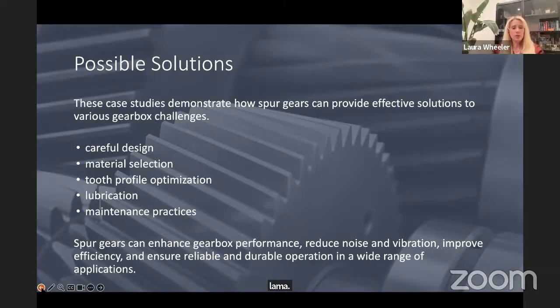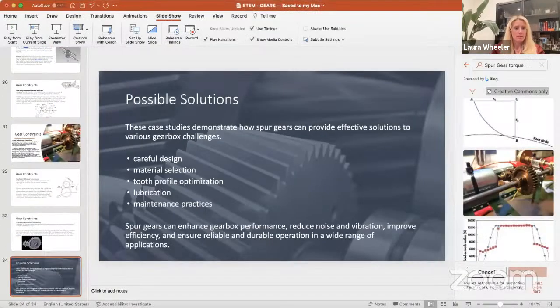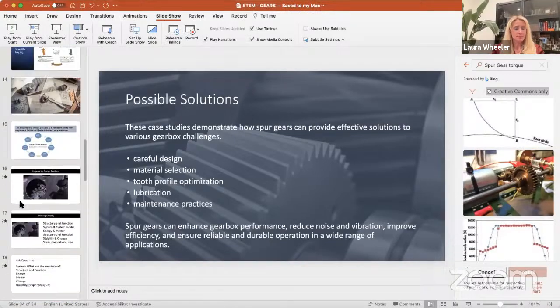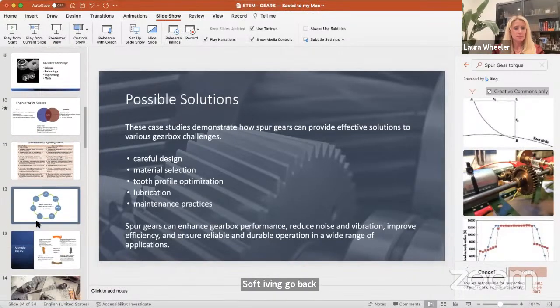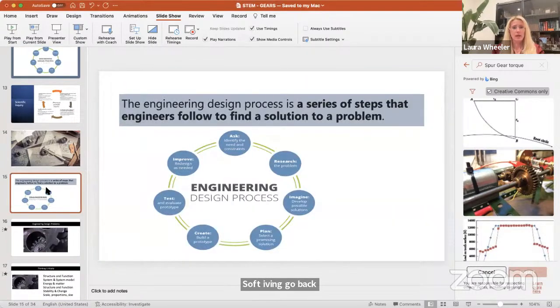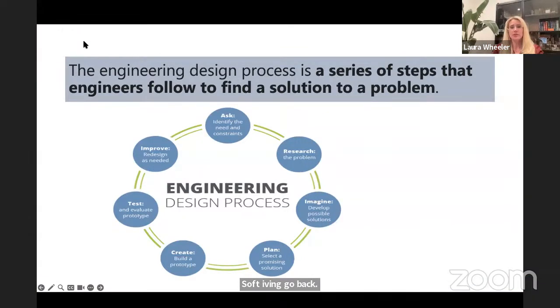So I'll just do a recap very quickly of what we discussed today. Today, we considered the first few stages of the overall engineering design process. We talked about how we can identify the needs and the constraints during this stage.